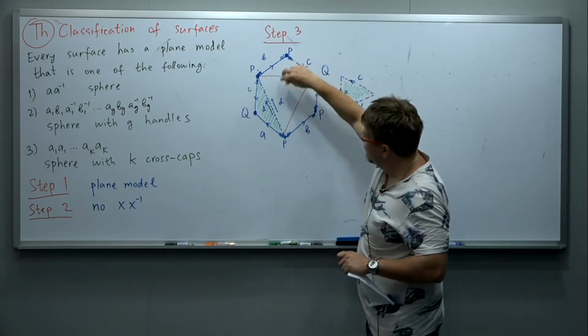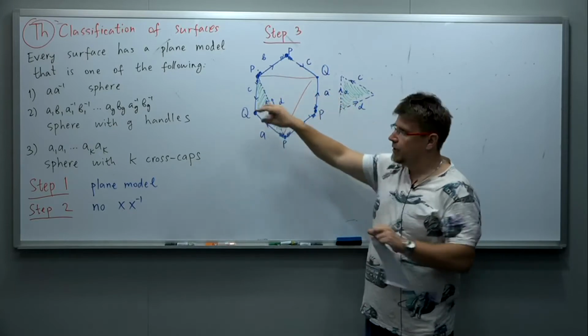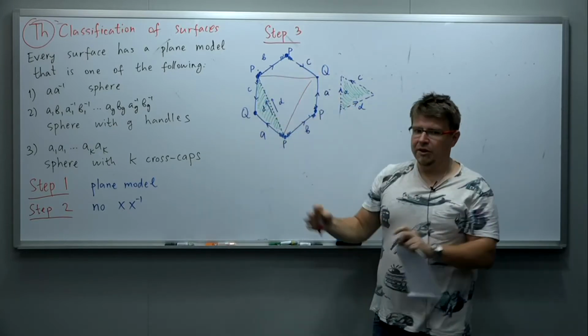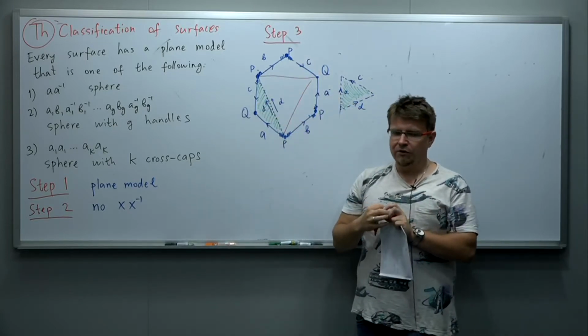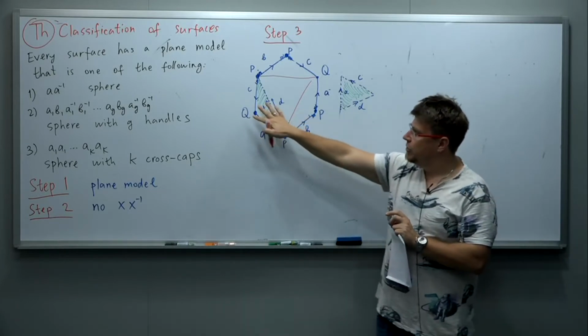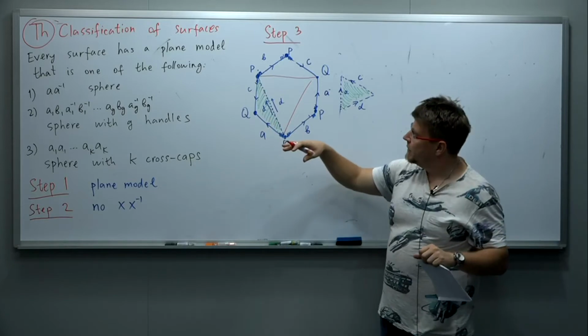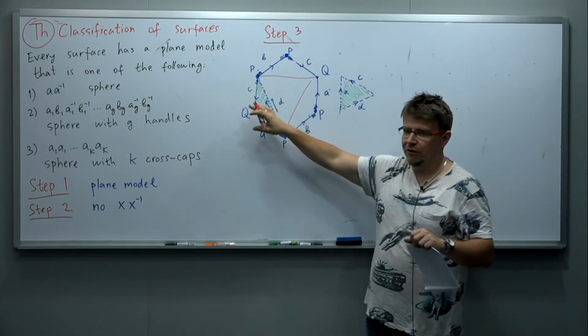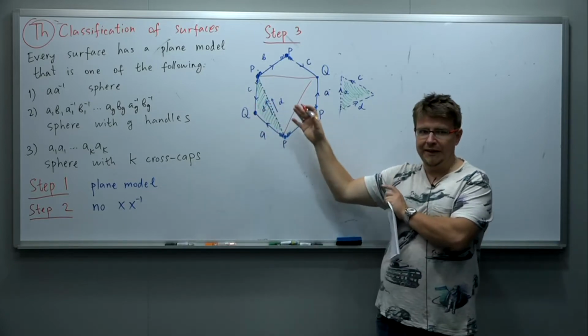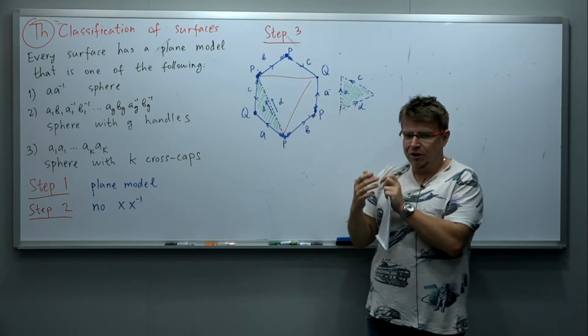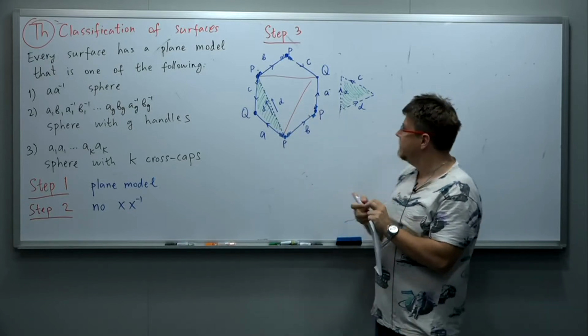So maybe this triangle, this triangle, this triangle, and this triangle. Then this hexagon is just a particular way to glue these triangles together. But now we are going to reshuffle them. Since the triangles are the same, the original surface is also still the same.